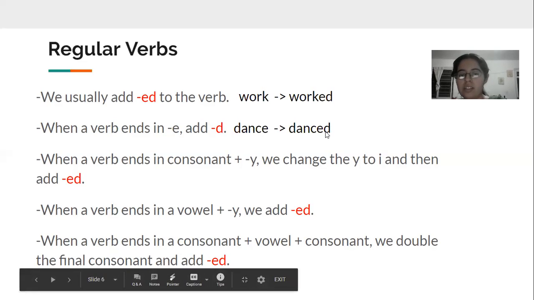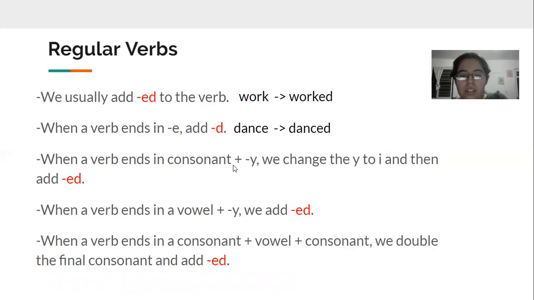Dance, danced. When a verb ends in consonant plus y, here we have it. Try, consonant, R. R is consonant. Y. We change the Y to an I and add ed. Try, tried.